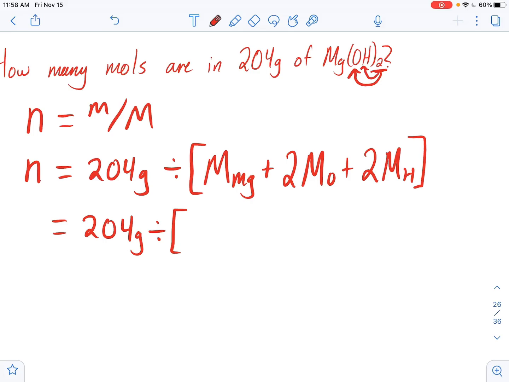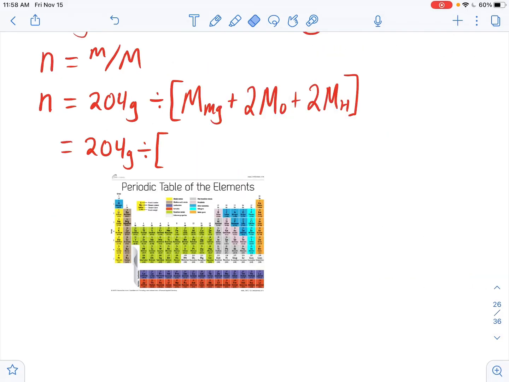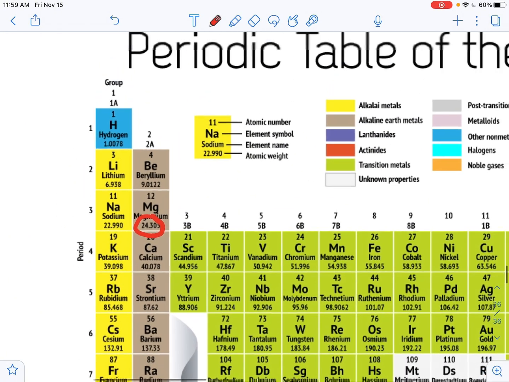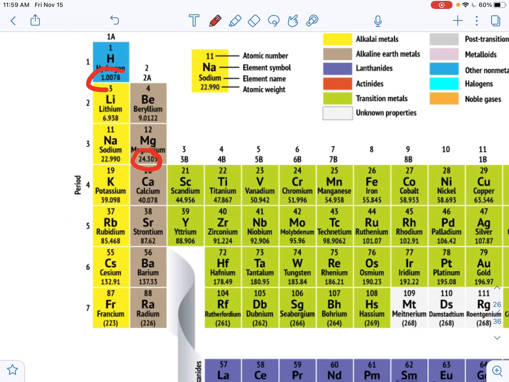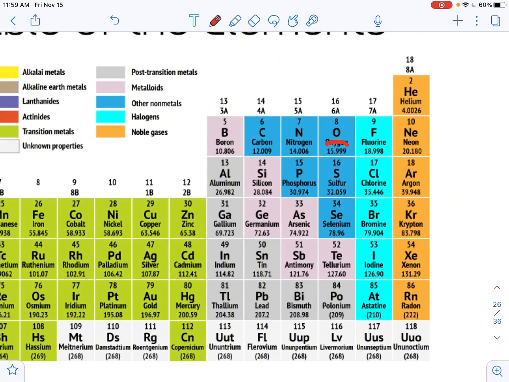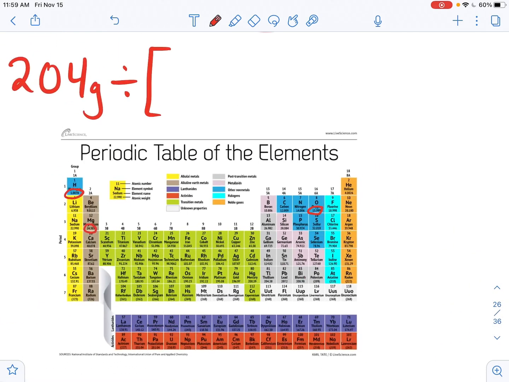And now let's finally get our periodic table out. So we have our periodic table down here. The molar mass of magnesium, if we zoom in, is 24.3. The molar mass of hydrogen is 1. And the molar mass of oxygen is 16.